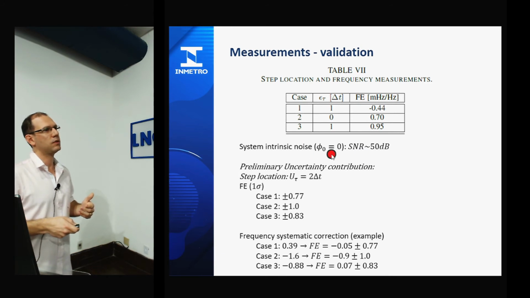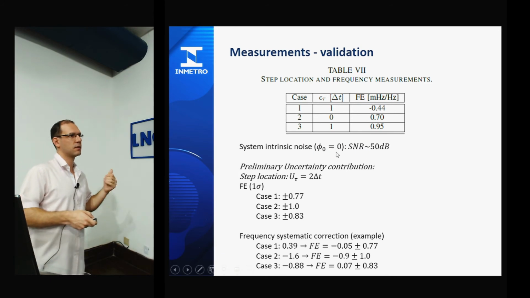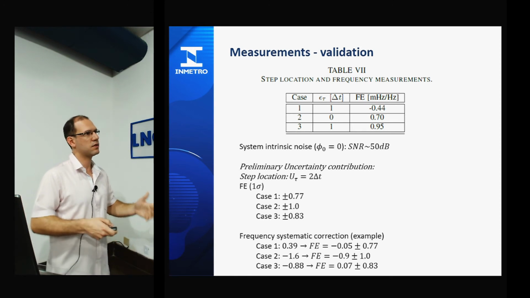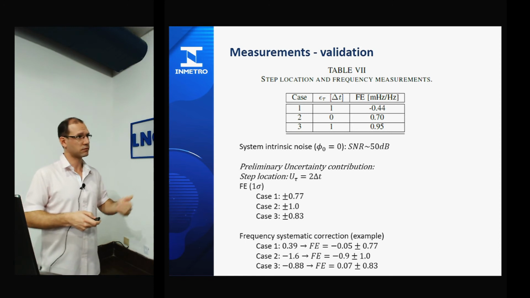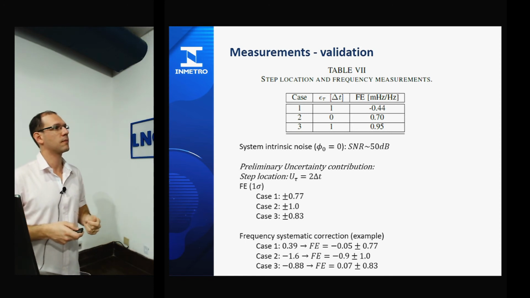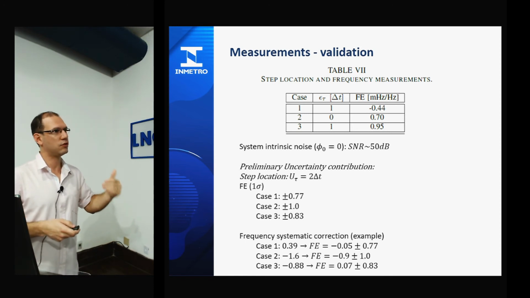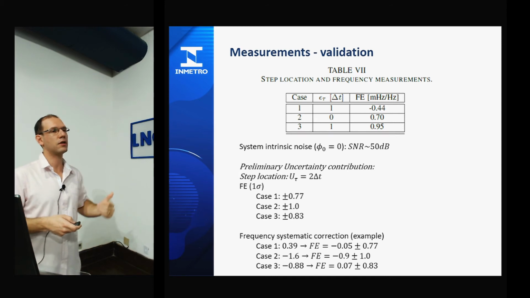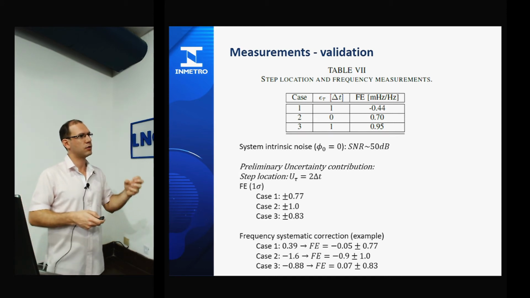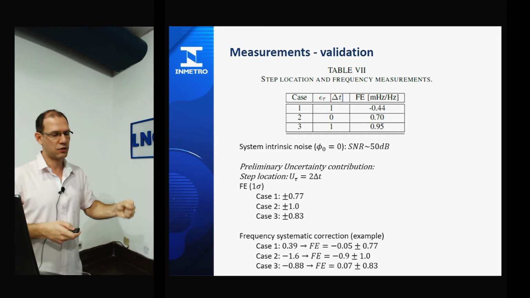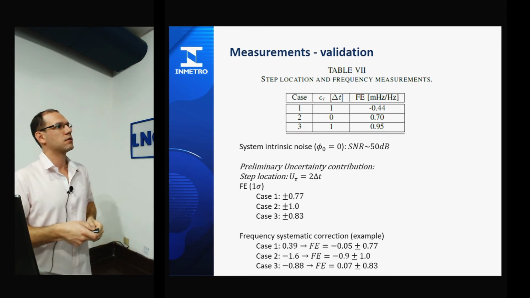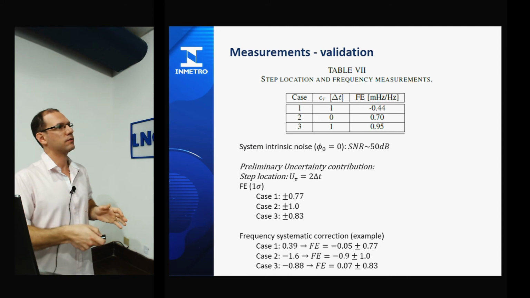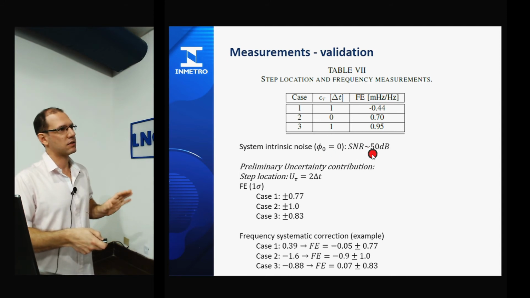It means that we are not generating the noise directly in the digital signal. The generation of the digital signal has no noise, only the noise produced by the generation card itself. So we have an estimation. It is something around 50 decibel.